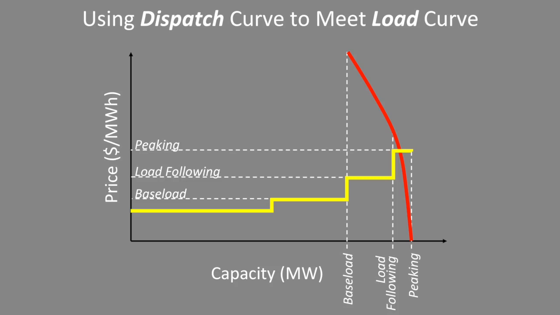Third, the last and most expensive generator that the system operator needs to draw upon to meet a given level of demand sets the price for electricity that all other lower cost generators needed to meet demand will receive.